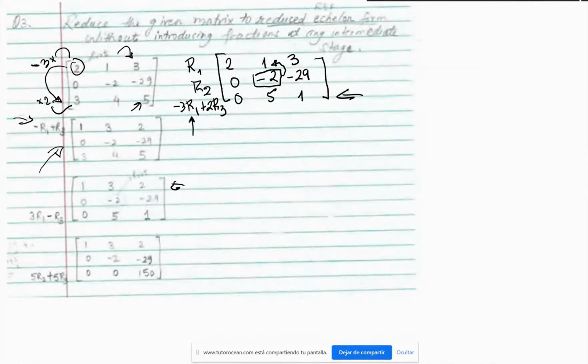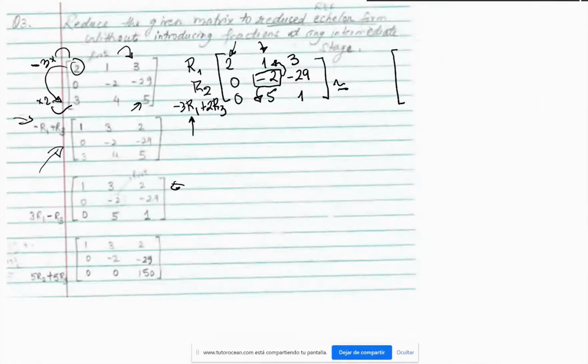Then row 1 is just the same at this moment, and row 2 is the same at this moment. Otherwise, you can go and get a 0, but you will change this number. Get a 0 here to go up in the reduced echelon form.